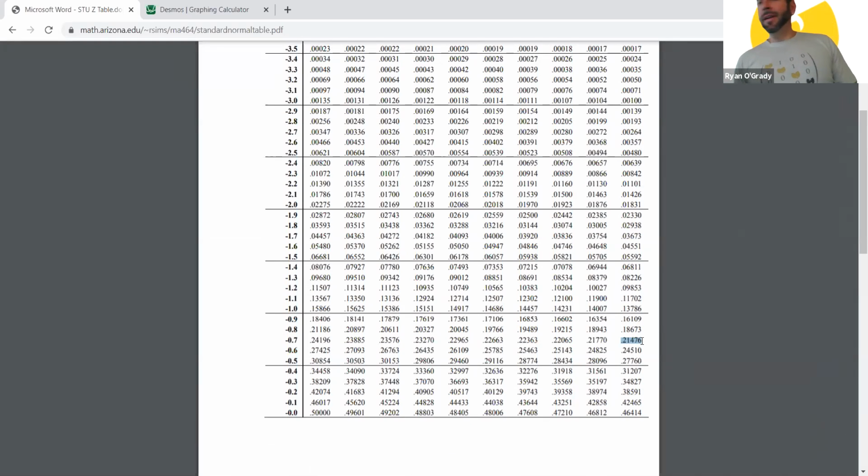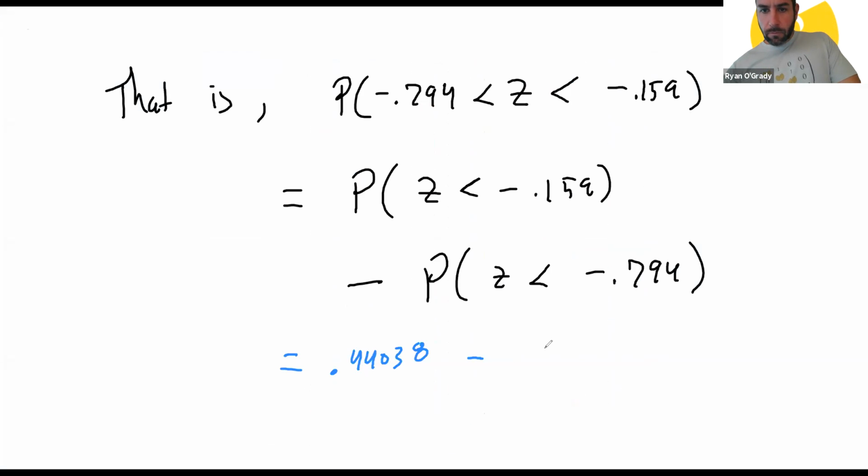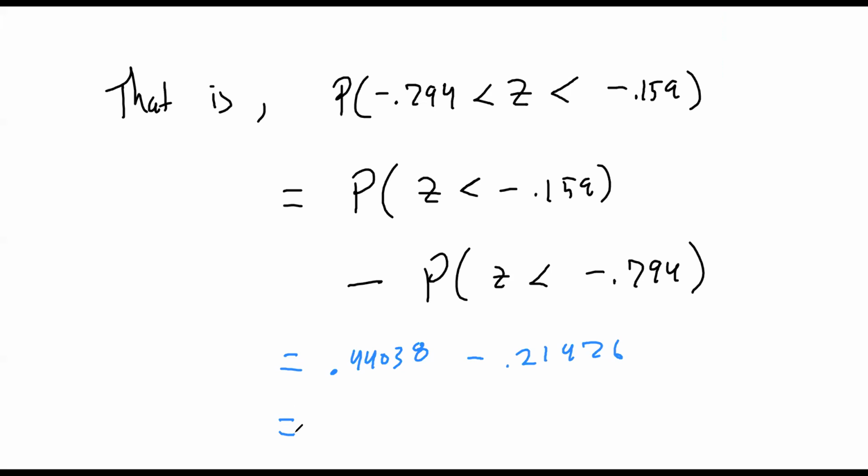I believe, yeah. 0.21476. And so now if I go to my calculator and plug this in. I might have missed something on that.